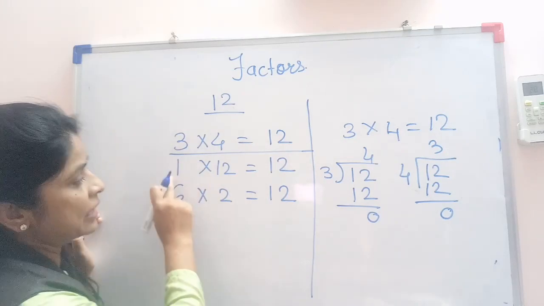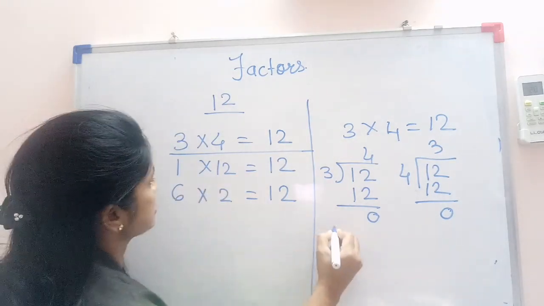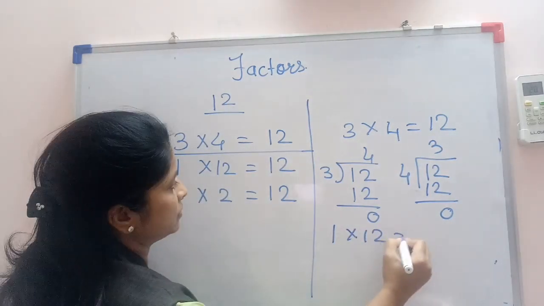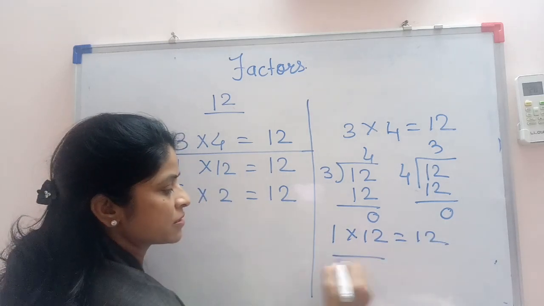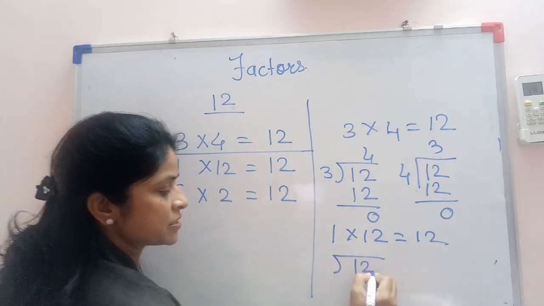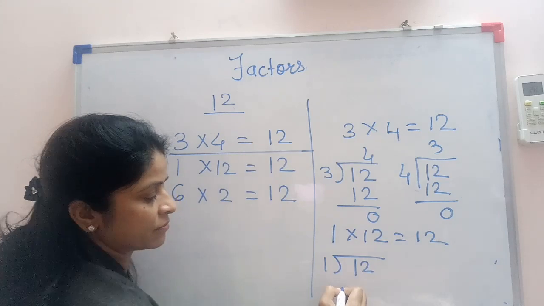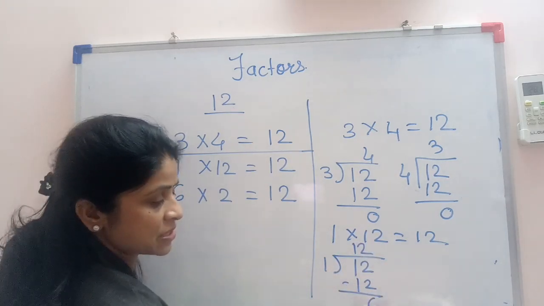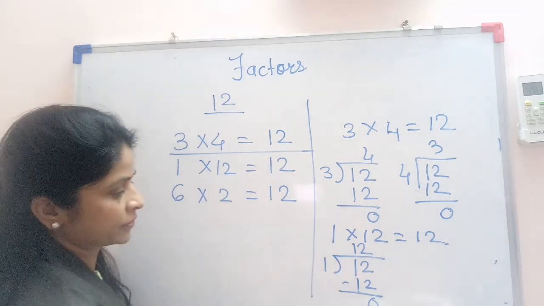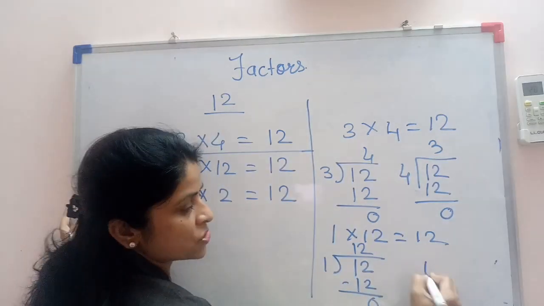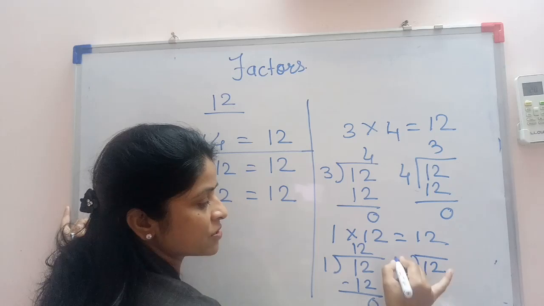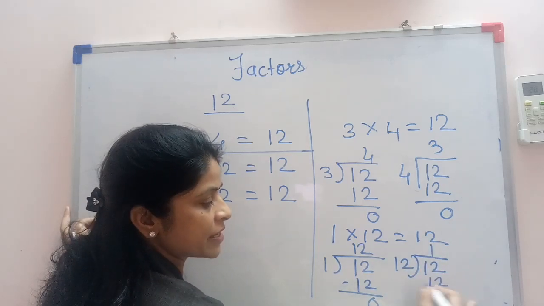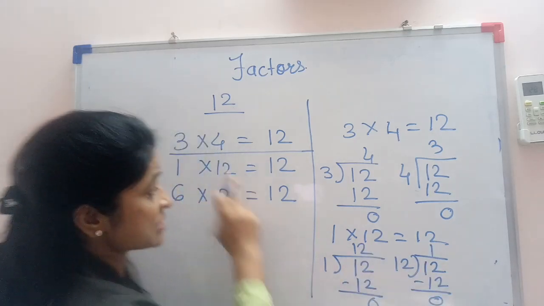If you take another pair, that is 1 multiplied by 12, we get 12. That means if 12 is divided by 1, we'll get remainder 0, and 12 divided by 12, again we'll get 0.